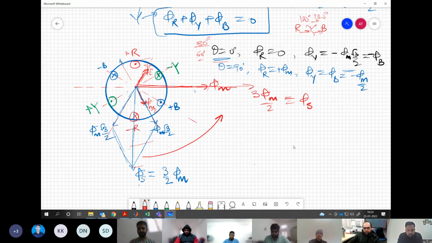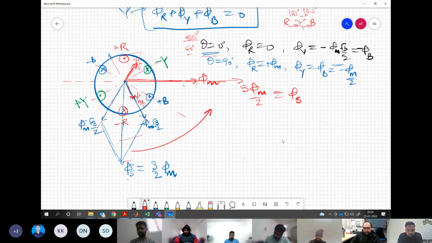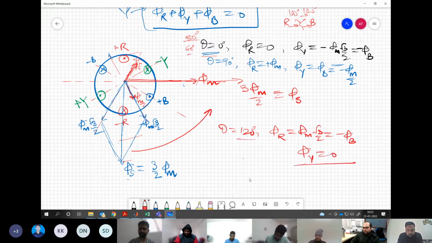For example, one more intermediate angle, let us say we take theta equal to some 120 degree. Now our phi r would be phi m root 3 by 2 and phi b would be minus phi m root 3 by 2, with phi y equal to 0 at 120 degree, right? So let me draw in black, phi y is 0. And then r has a value of root 3 by 2 times phi m.